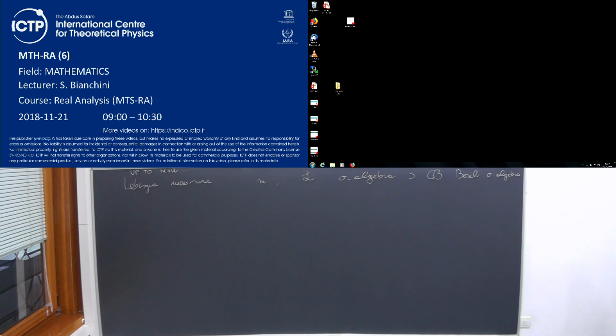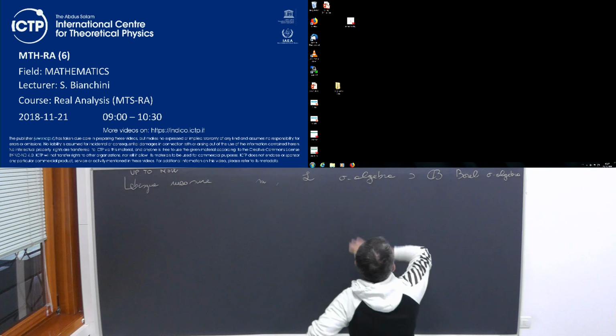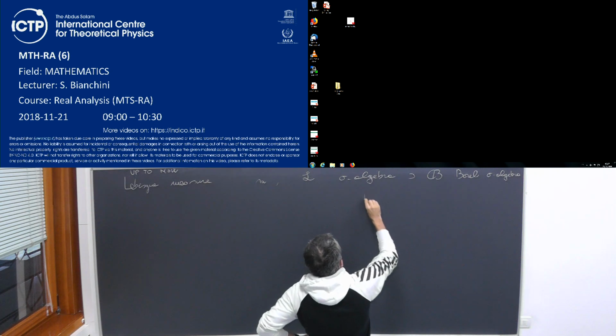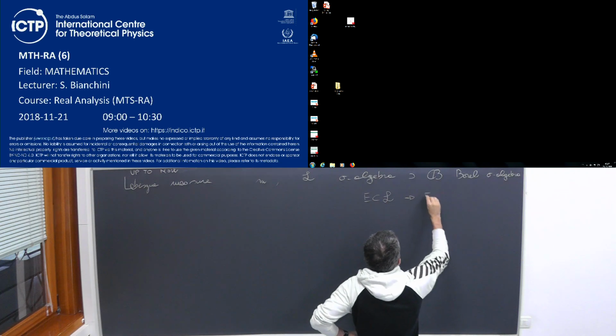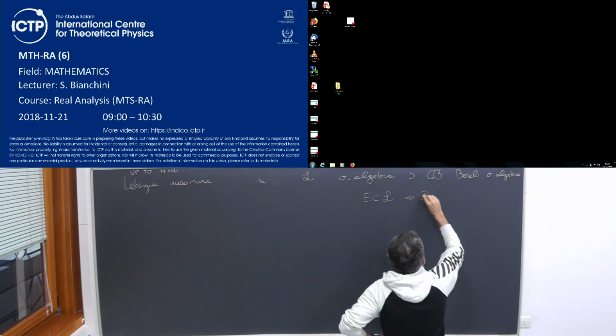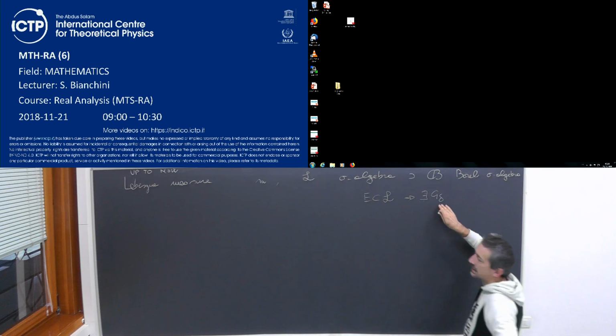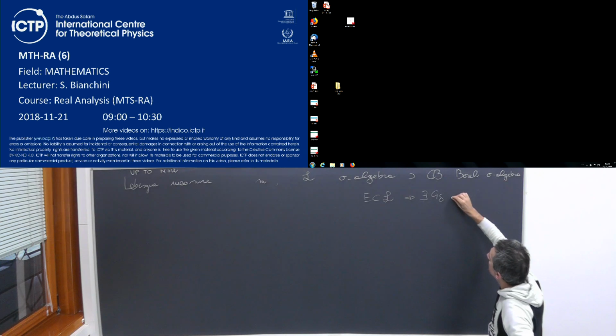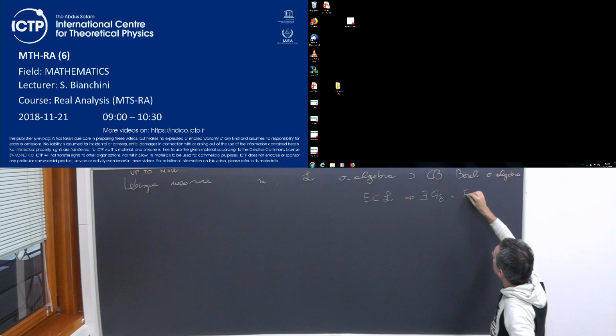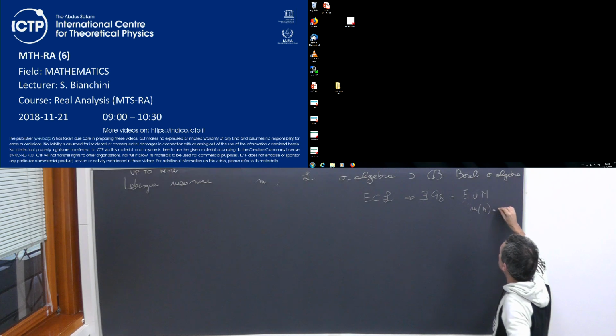And now we have the first regularity. So you ask, how much larger is it? Well, you know for sure that if you give a set E which is in L, then there exists a G delta set, which is an intersection of open sets, such that G delta is equal to E union N, and the measure of N is equal to 0.